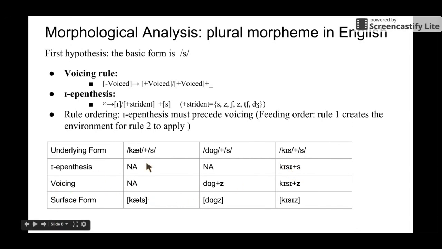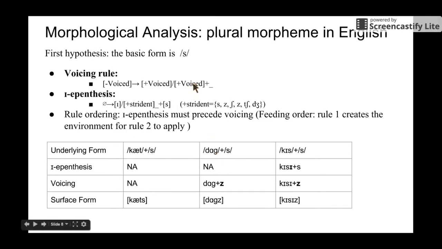And for voicing, this is not the environment for voicing, right? Because the environment for the voicing rule must be following a voiced sound. Here, t is a voiceless sound, so the voicing rule does not apply. Here we have the right environment, right?